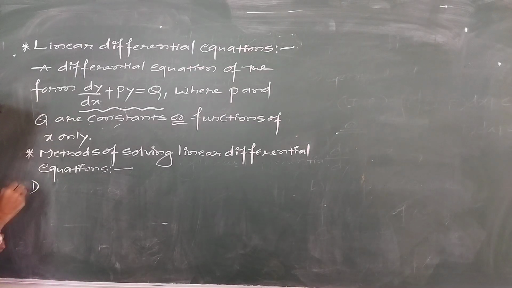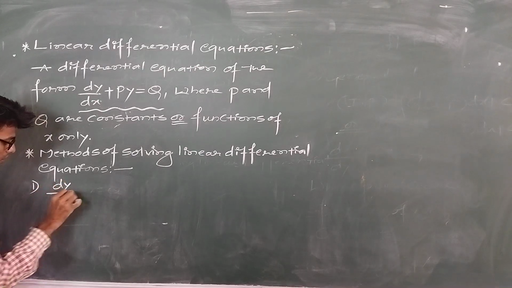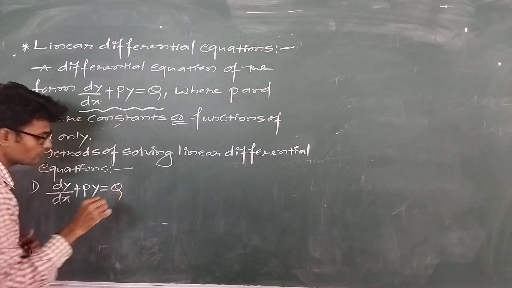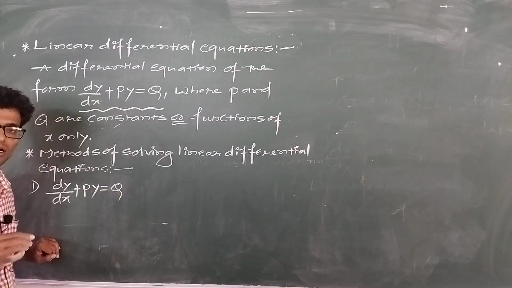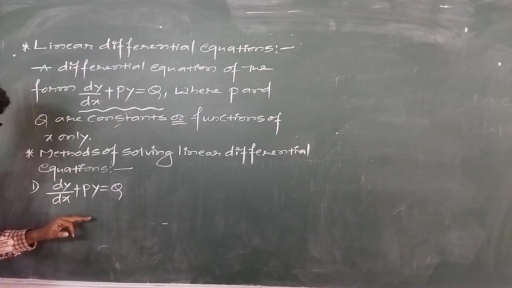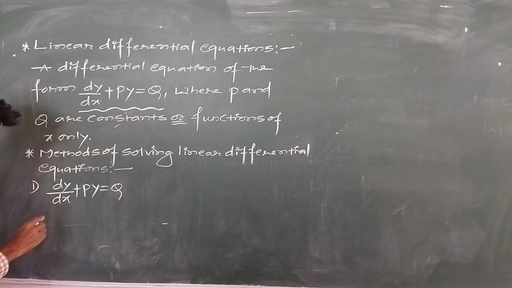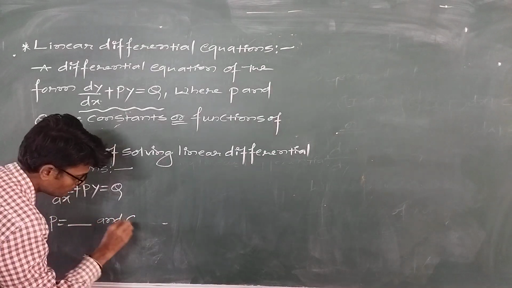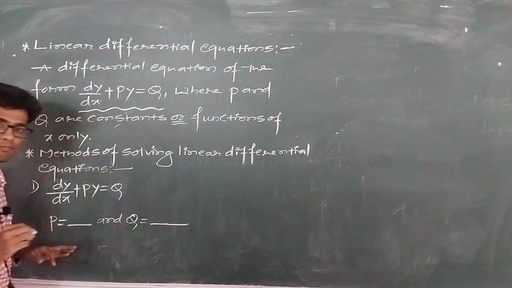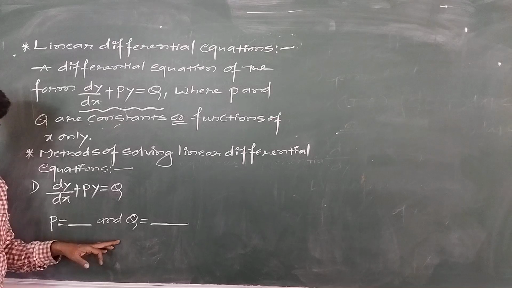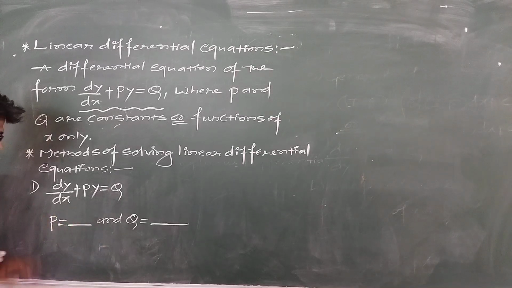The first step is to reduce the given differential equation to the form dy by dx plus py is equal to q. After this, you write the values of p and q, and check whether the values of p and q are constants or functions of x or not.